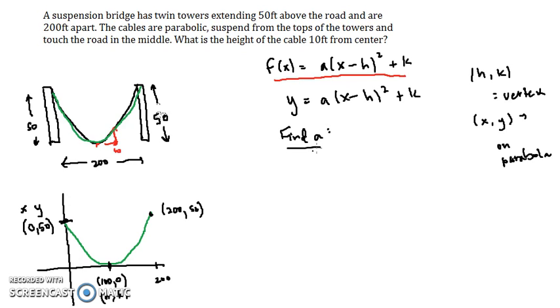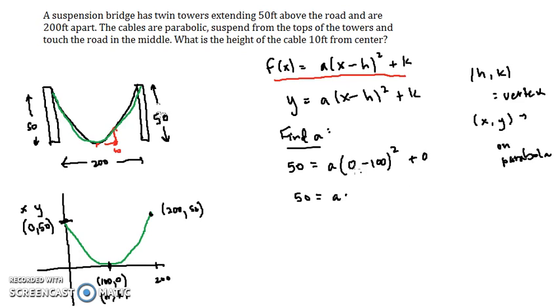We've got to find the missing value. Okay, so y is 50, A is what we're trying to find, x is 0, h is 100, and k is 0. So let's clean this up a little bit. We've got 50 is equal to A times negative 100 squared.